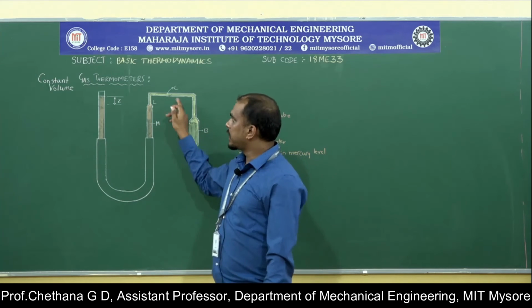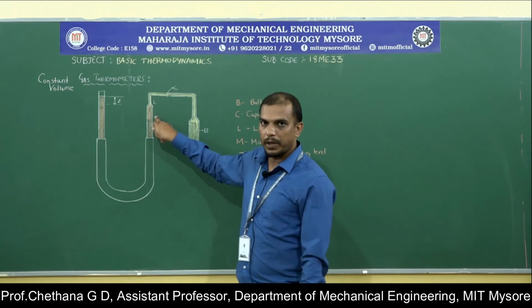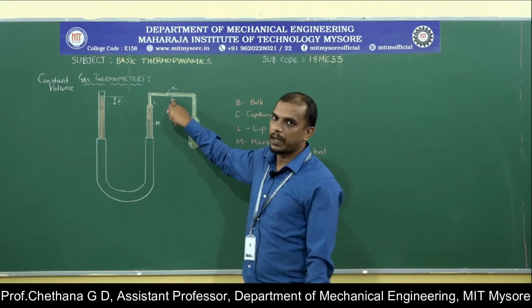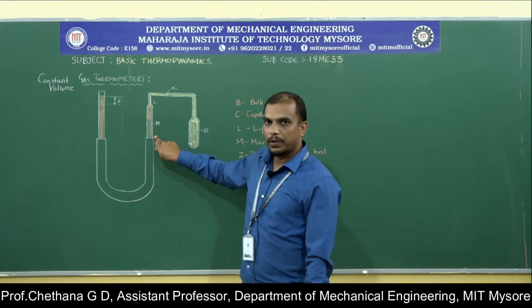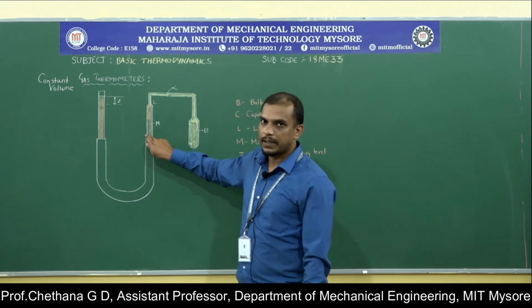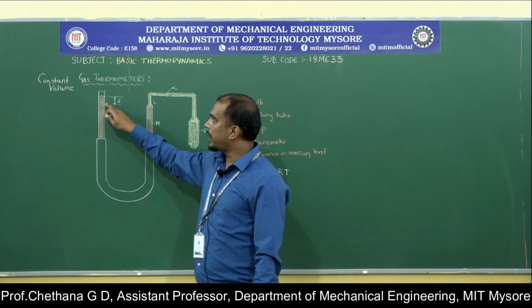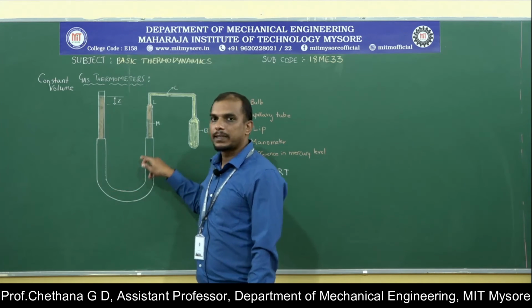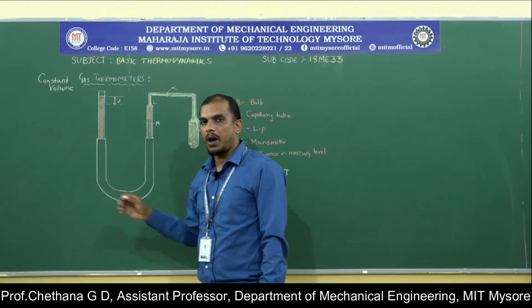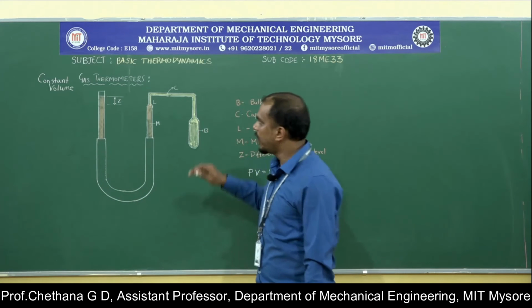Then it is in connection with the mercury manometer with the help of a capillary tube. This is a mercury manometer inside which there is mercury. This is a U-tube manometer, and this is a flexible tube which can be raised or lowered.